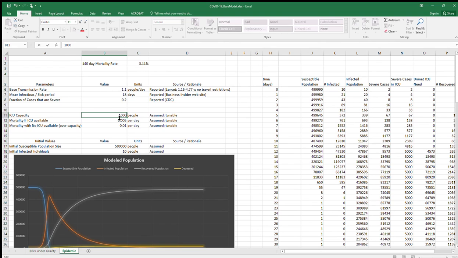And so if we doubled the number of beds, of ICU care units from 5,000 to 10,000, the shape of this graph doesn't actually change, but the 140-day mortality rate actually went down by quite a bit. So even though it doesn't look like the number of cases changes much, being able to take better care of a larger number of people actually drops the mortality rate, at least with this set of assumptions.